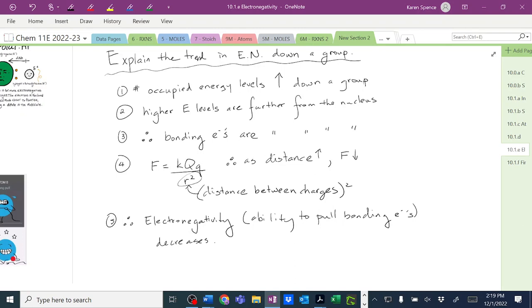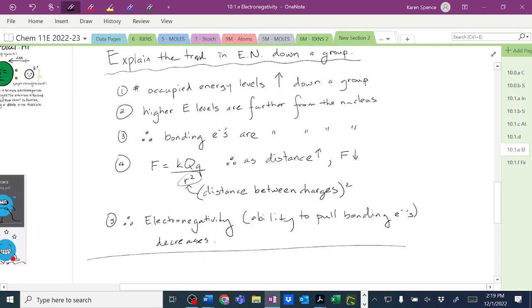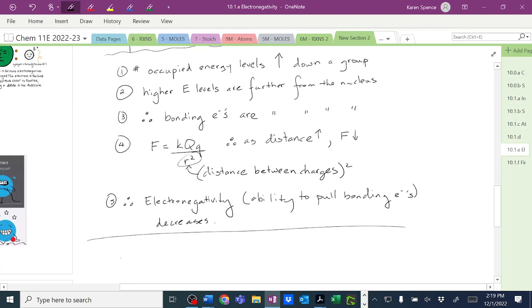The number of added protons is the same as the number of added core electrons as you go down a group. That's true.